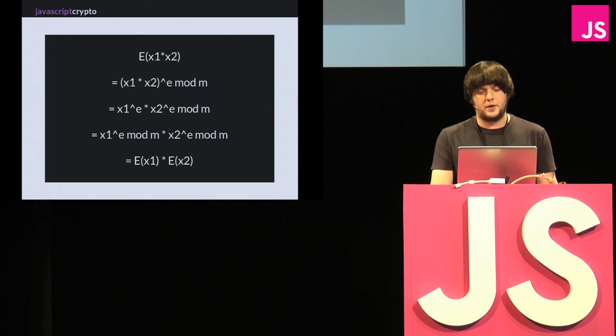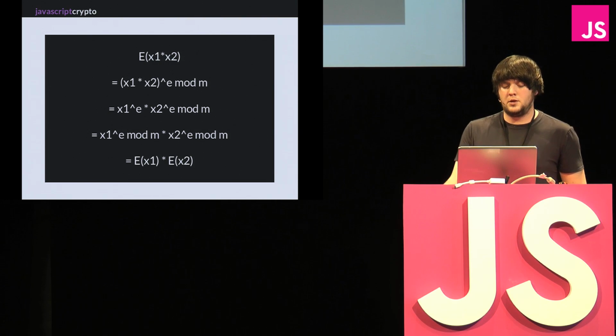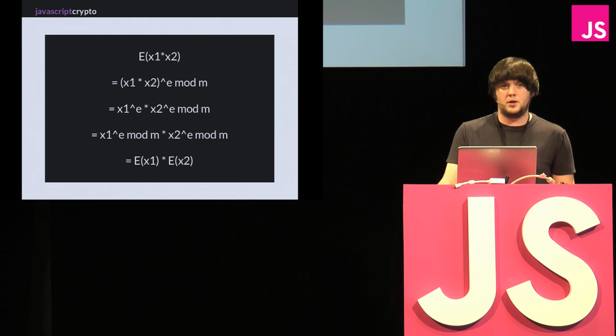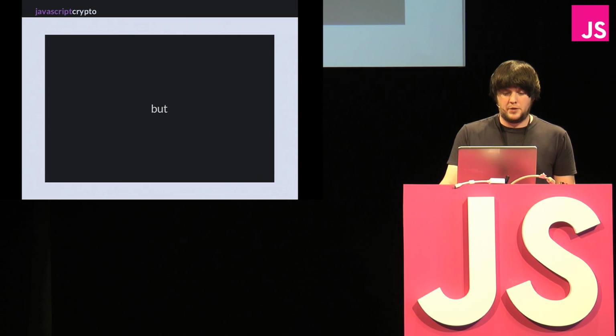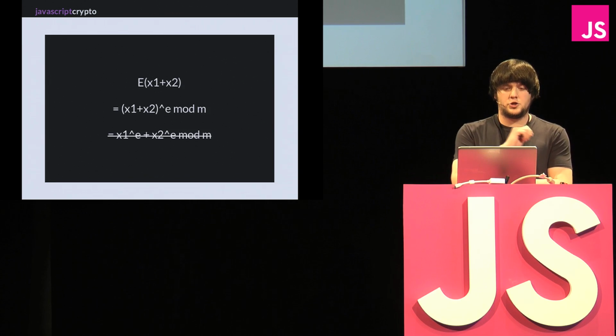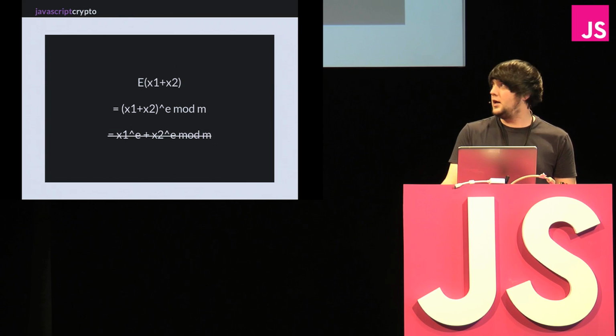So the encryption of x1 times x2 is x1 times x2 to the E. By the laws of exponentiation, we can pull in the exponent there, and by the laws of modular arithmetic, we can apply the modular operation individually, and then again, we have the right-hand side of the definition. But if we try the same thing for addition, it won't work out, because there's no law that would allow us to do the last line there.